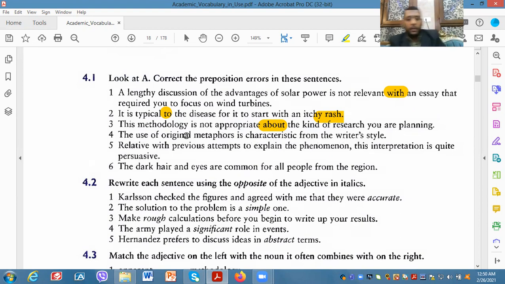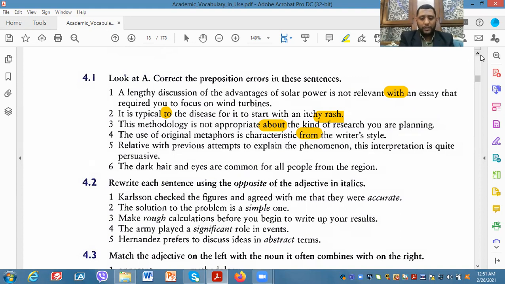What do you think? Where is it? The use of original metaphors is characteristic from. I guess from is not right.